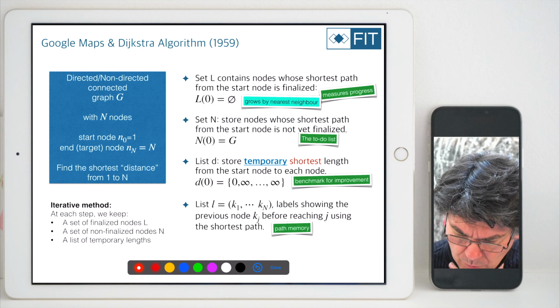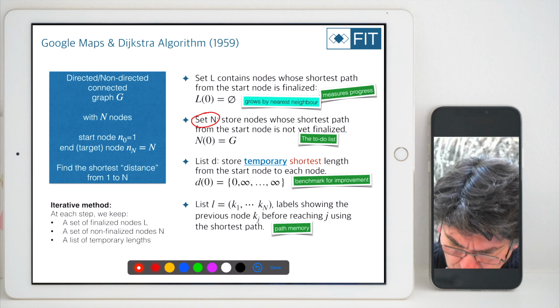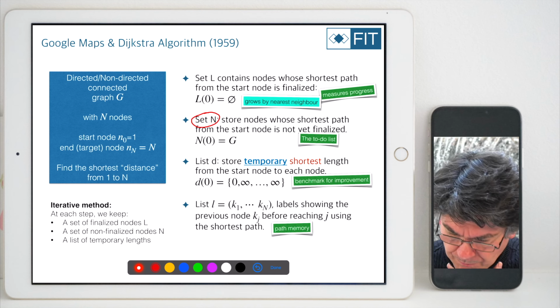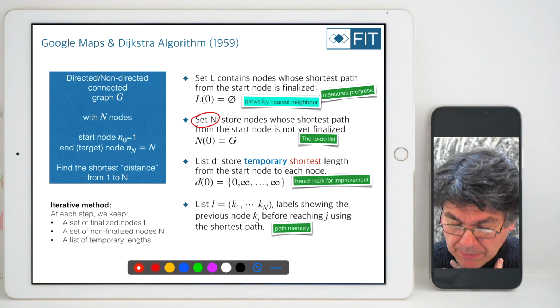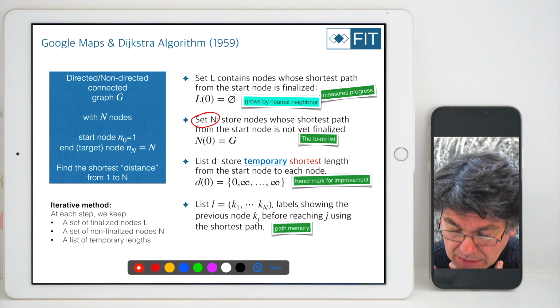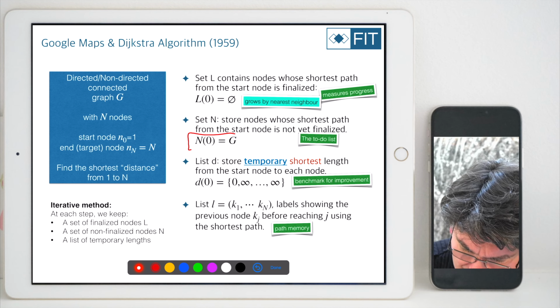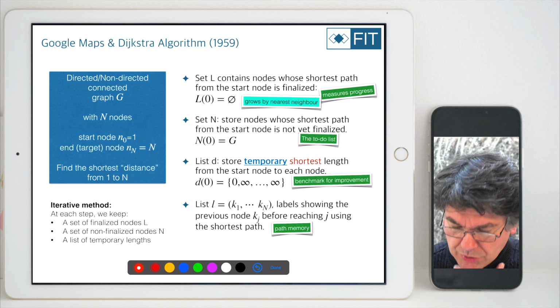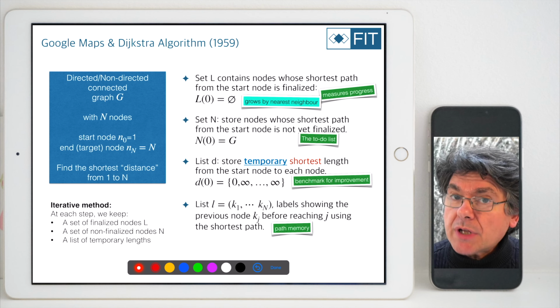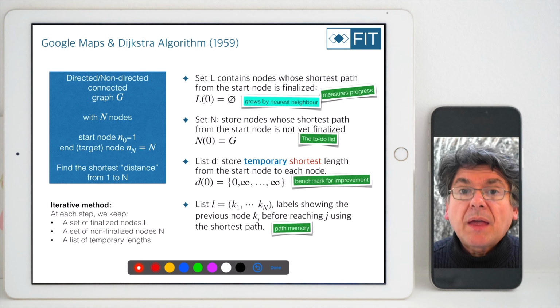Next to that, we're going to have a set N, which stores the nodes whose shortest path from the start node is not yet finalized. At the beginning, that will be the entire graph. Again, we approach the graph without any knowledge of what is best.